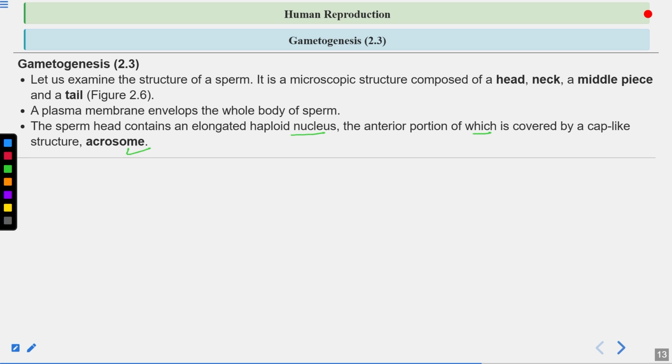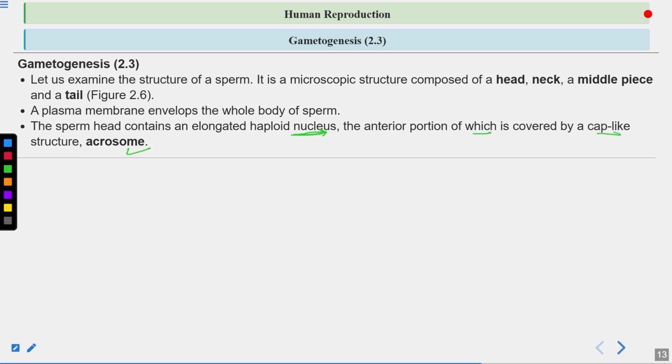Clear? So the sperm head consists of the nucleus. Within the nucleus, the chromosomes, the genetic material, are present. The anterior portion of the head is covered by a cap-like structure known as the acrosome.